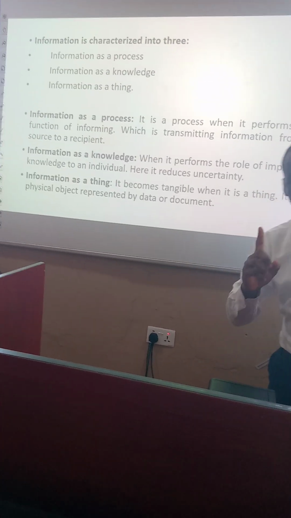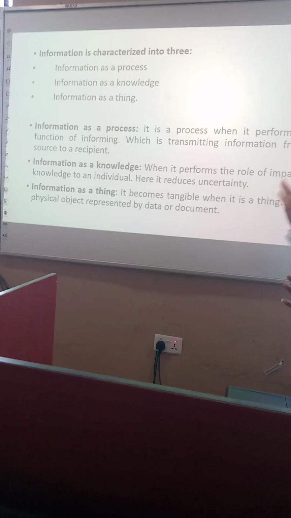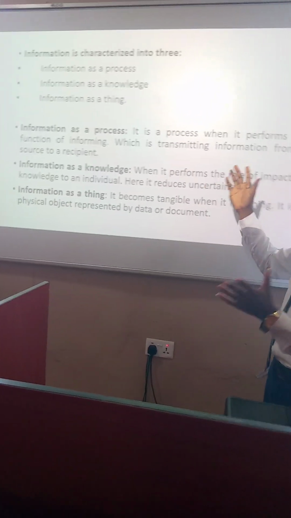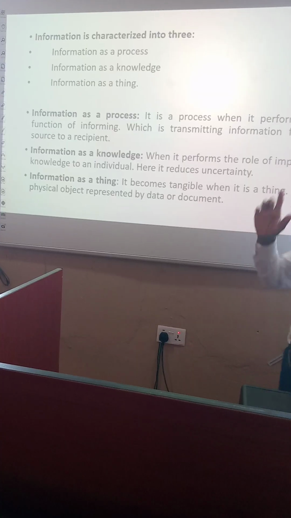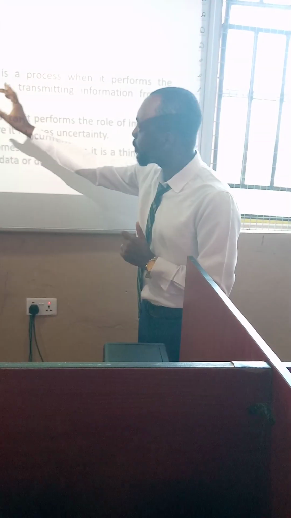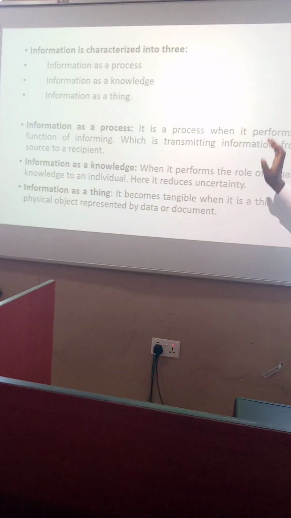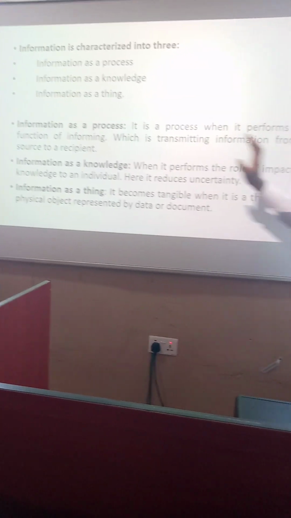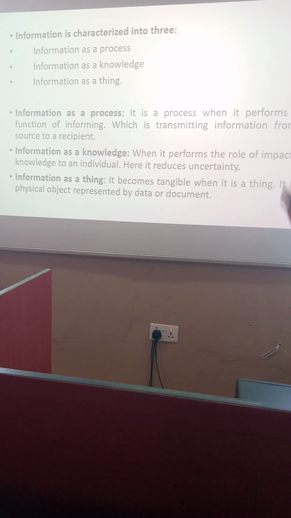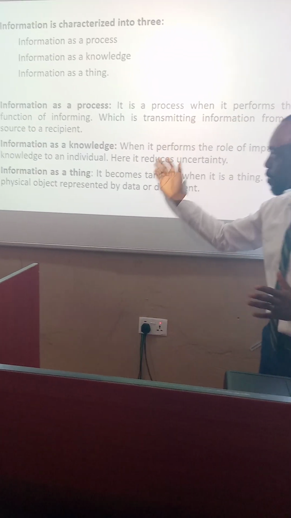Then, in this course, we also categorize information into three: first, as a process, as knowledge, and as a thing. The key thing to note is that information is a process when it performs the function of informing. The keyword there is informing, from the source to the recipient.